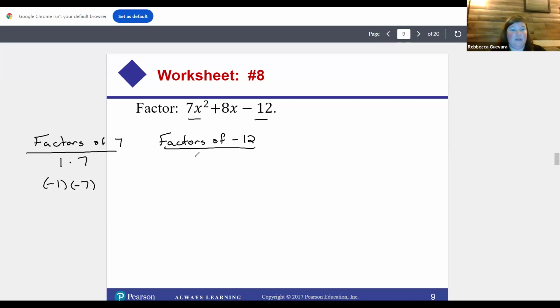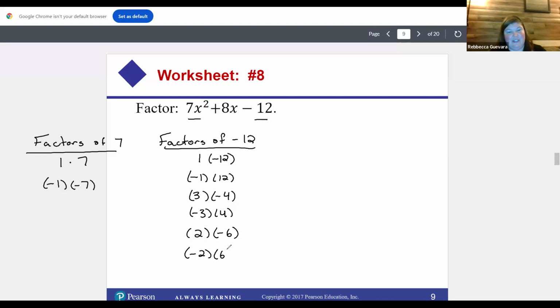We need a -12, so our choices are 1 and -12, -1 and +12, or it could be 3 and -4, or -3 and +4. I forgot my 2 and 6. Could be 2 and -6, or it could be -2 and +6.